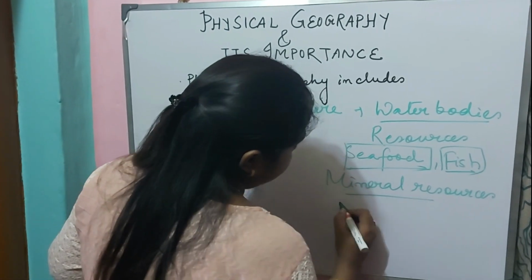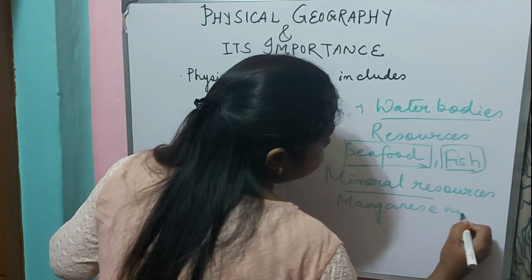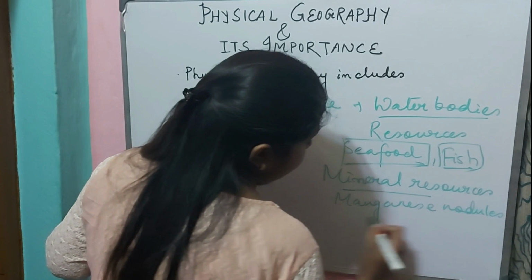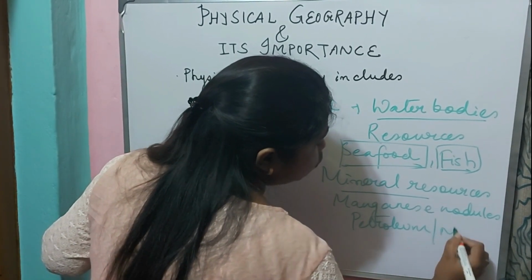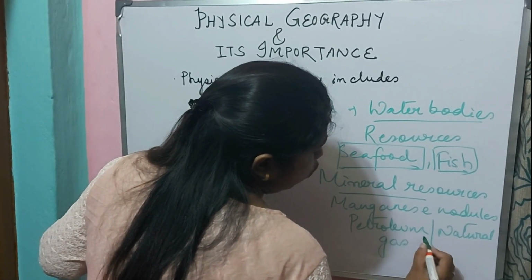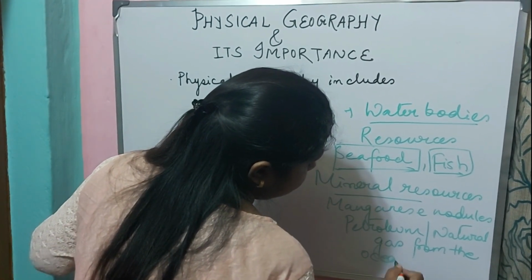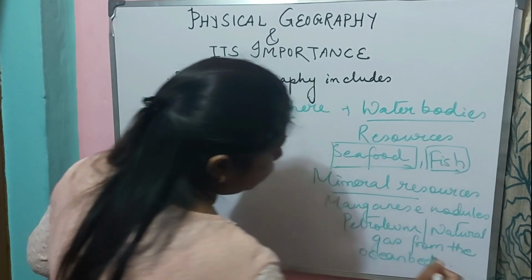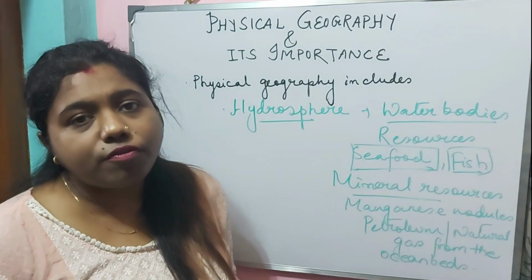Right? Like we can obtain manganese nodules, petroleum, natural gas from the ocean beds. So hydrosphere is also considered a very important reserve of resources.